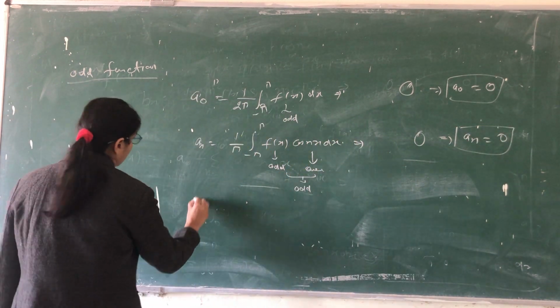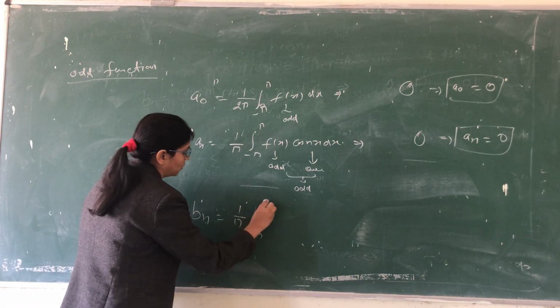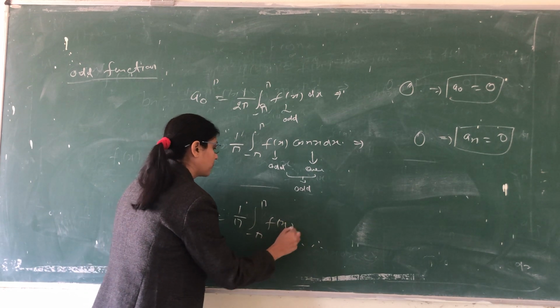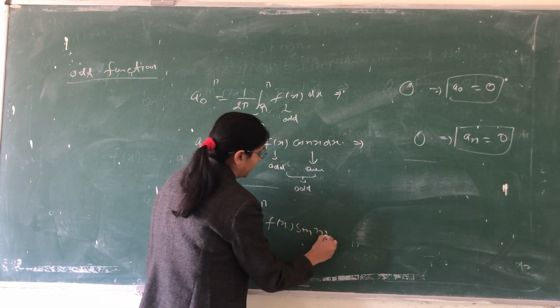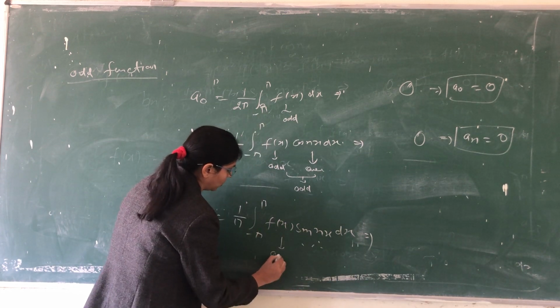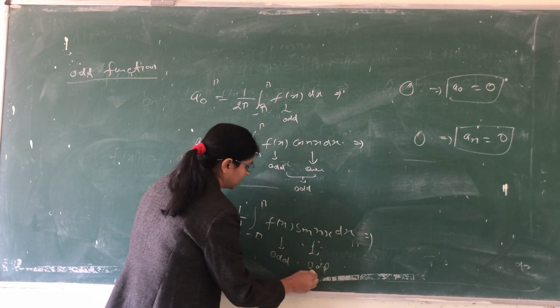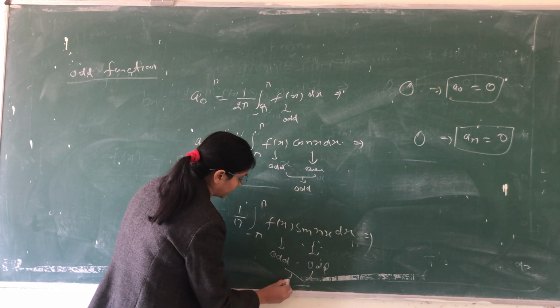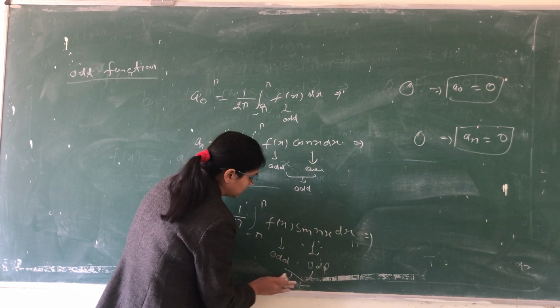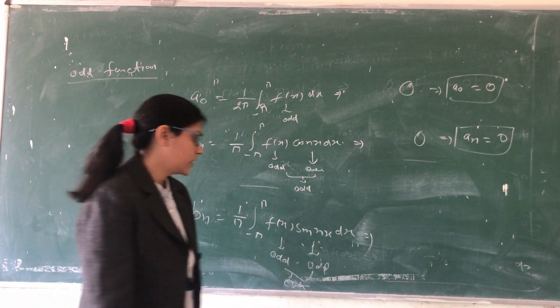Now what is your bn? bn is 1 upon pi integral minus pi to pi f of x sin of nx dx. Now here the function f of x is an odd function, and the sin function is an odd function. The multiplication of two odd functions is an even function.